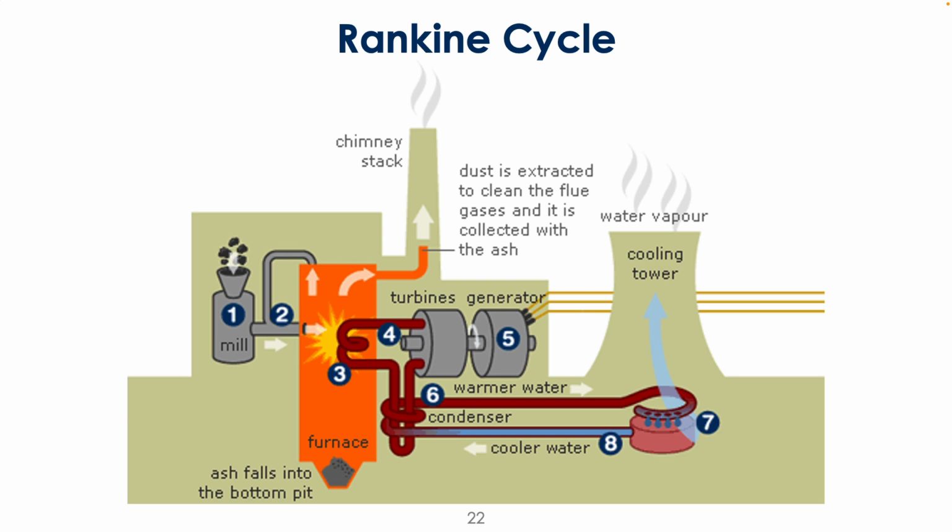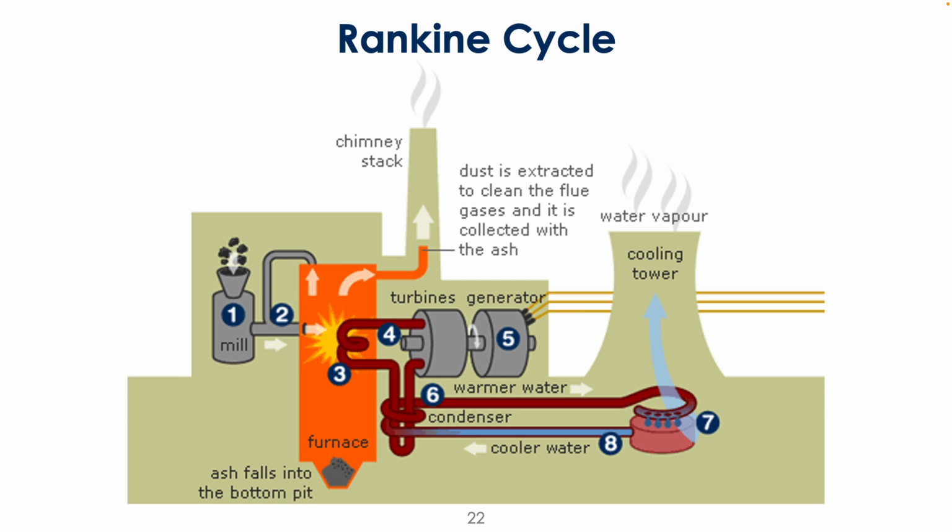Okay, so what are we looking at here? We have combustion in the furnace. That is going to heat up a loop here that contains water, changes it into steam, and it goes through the turbine. The turbine moves the rotor in your generator to generate electricity.